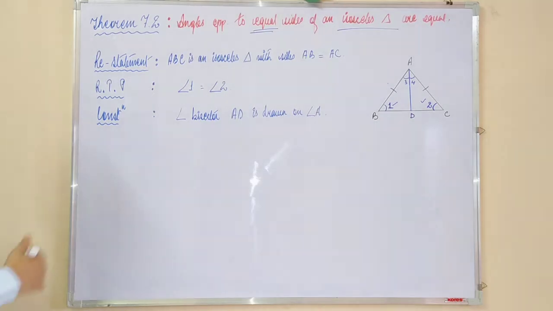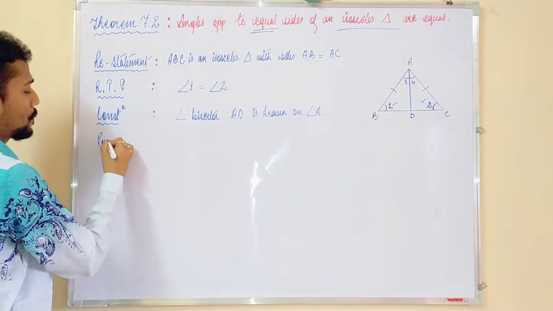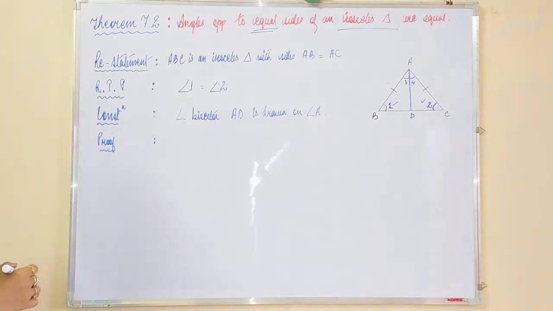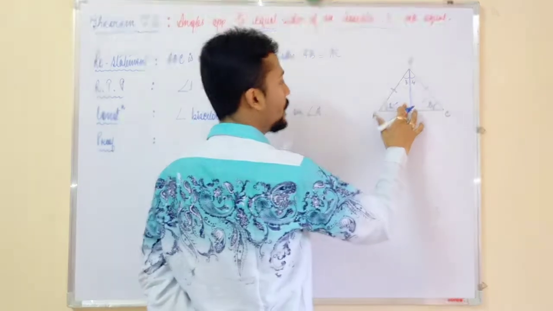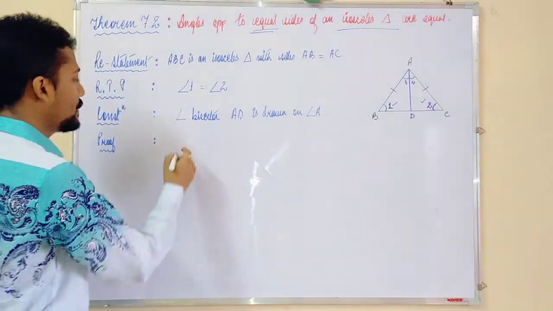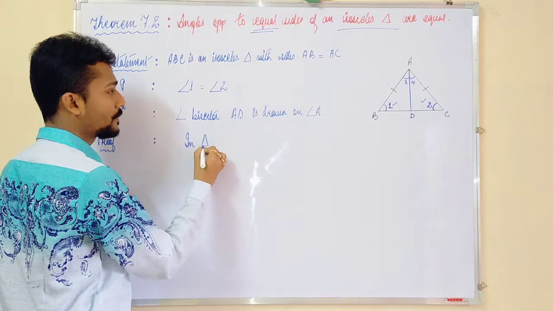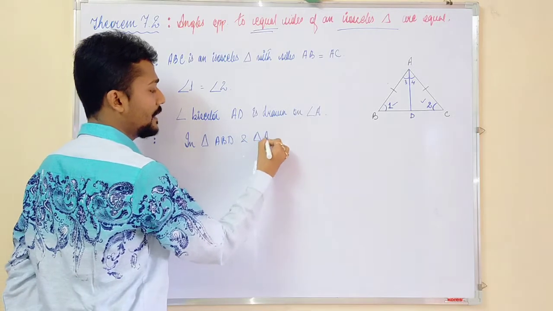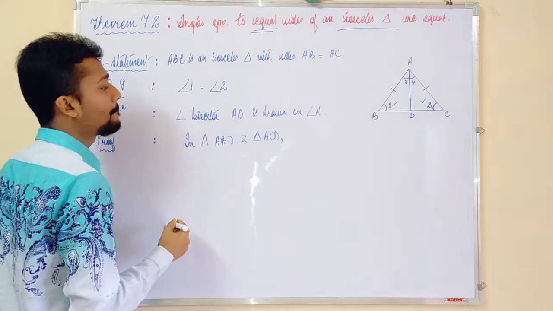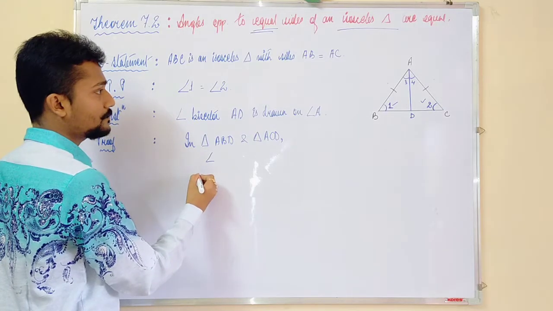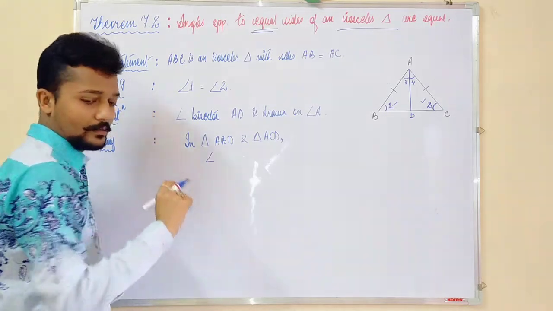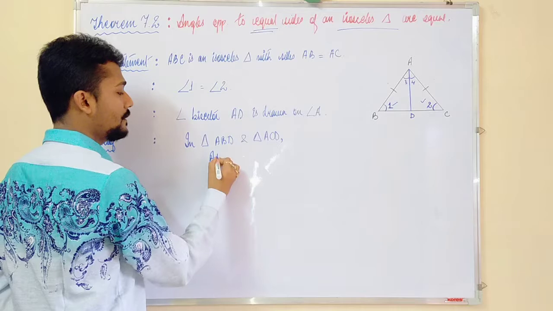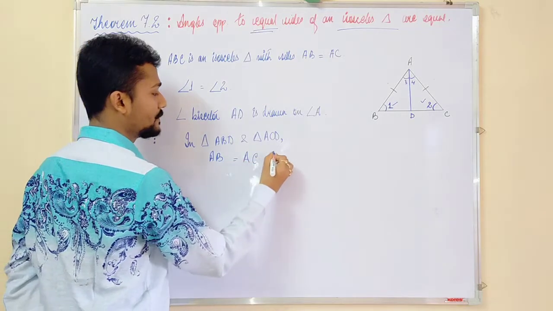Okay. Now next, proof. What we need to prove? We need to prove that angle 1 is equal to angle 2, isn't it? So what we will write? In triangle ABD and triangle ACD, AB is equal to AC, given.